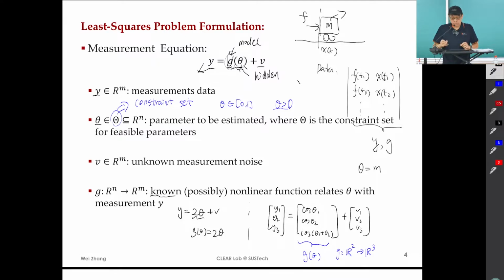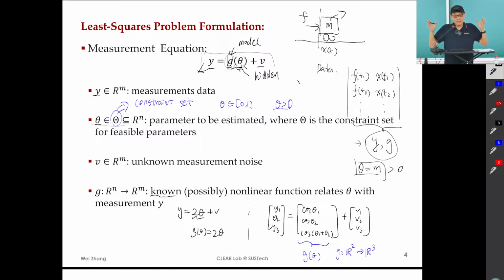In order for you to be able to use your information, which is y and g, to estimate theta, you have to know how they are related. If they're not related at all, you don't know how to use one to estimate the other, right? You have to know the relationship, and the relationship is given by the measurement equation. That's your prior knowledge you want to use to estimate. And in this case, theta has to be bigger than 0, right?